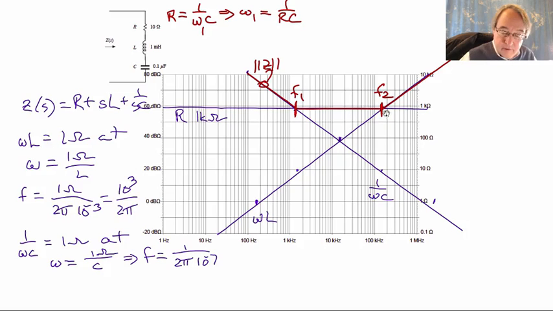At F2, that's where the inductor asymptote equals the resistor asymptote, so R equals omega L with omega equal omega 2. So we can solve for omega 2 and get omega 2 is R over L. Again, we have analytical expressions for the corner frequencies, and we know what each asymptote is, and so that's everything we need.